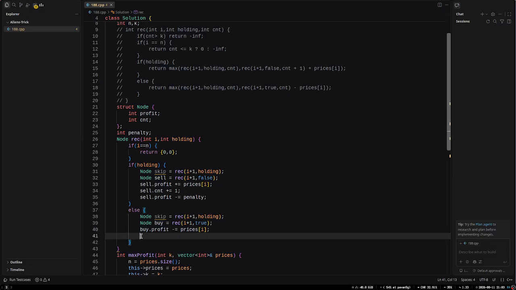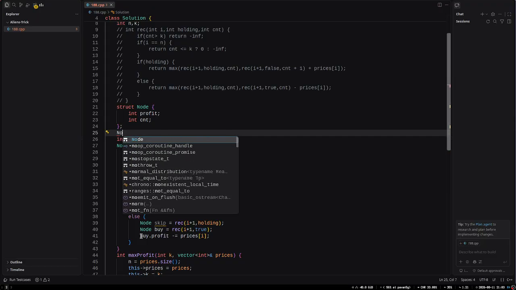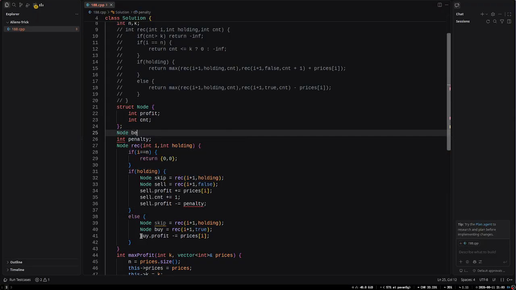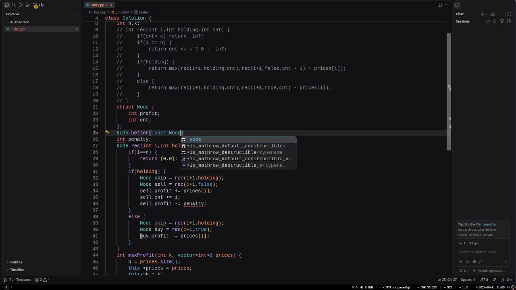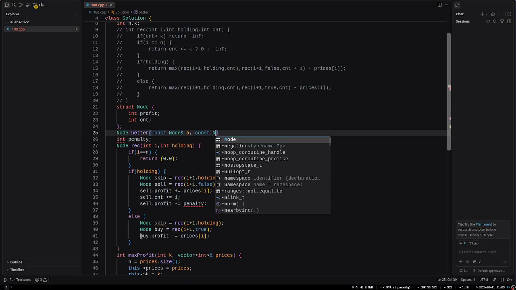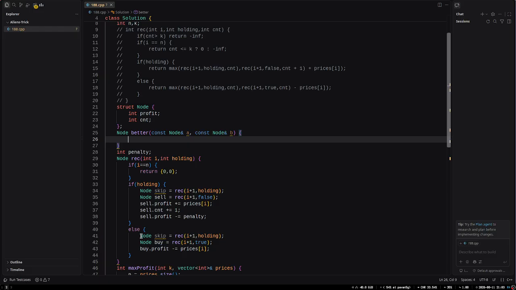Now we need to check which among the given choices is better. To do that, we would be writing a small function which is node better. const node ampersand a, and const node ampersand b.